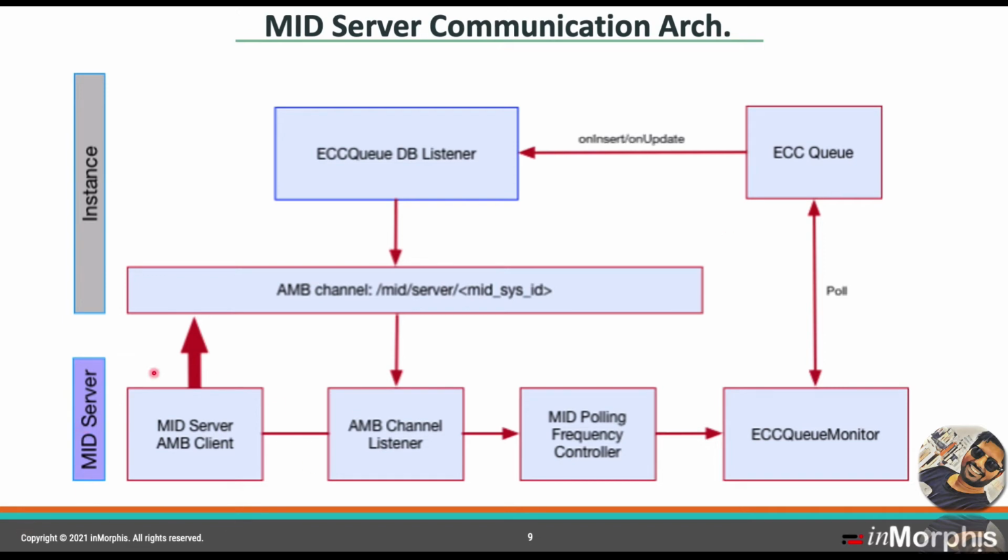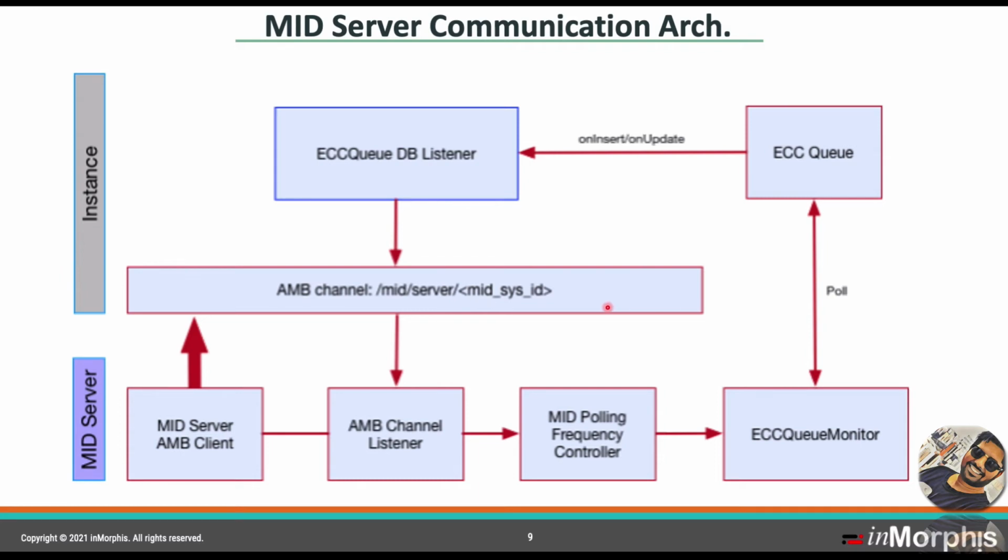It will then do the work and push the result back to the ECC queue. So this AMB channel will eventually help to achieve asynchronous and on-the-fly communication, instead of a wait-time communication.